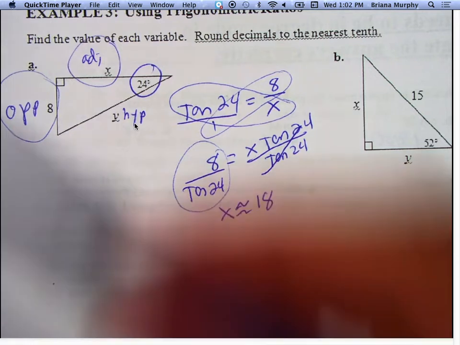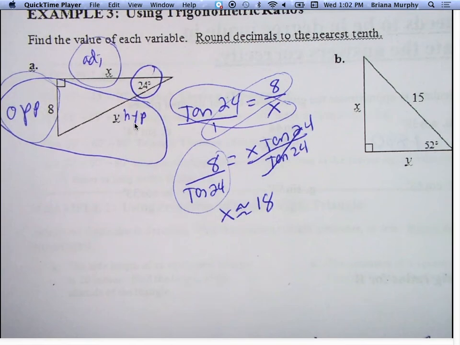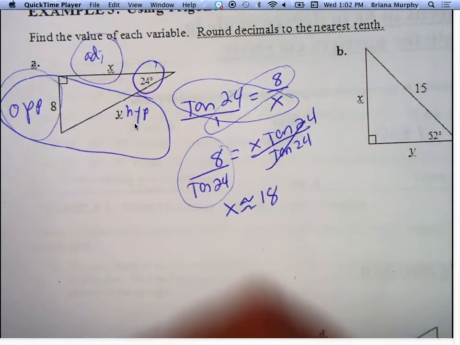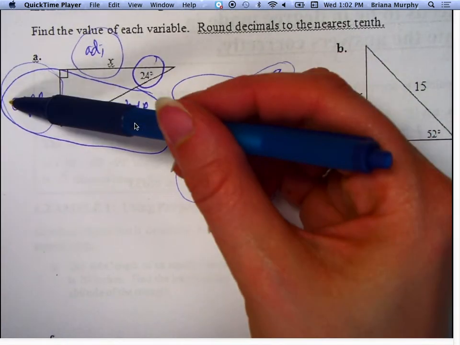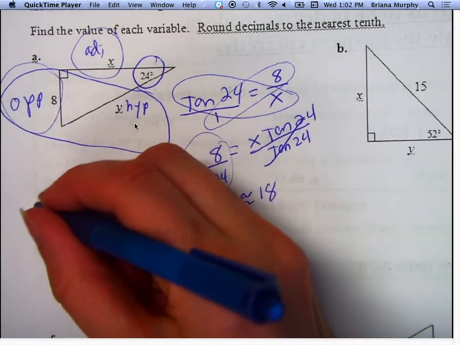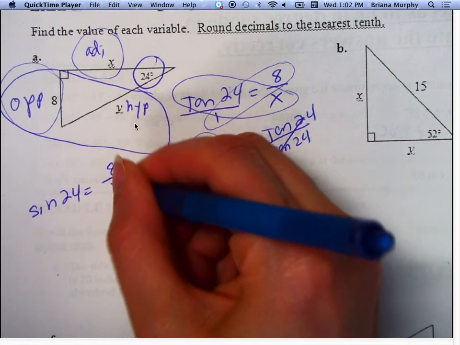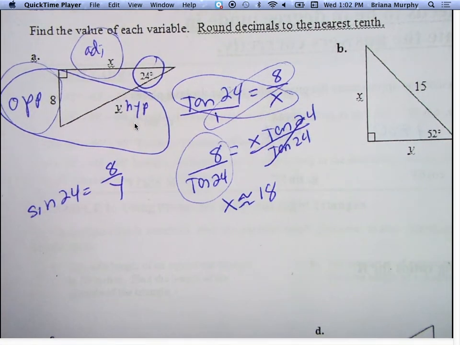Okay, next we're going to find y. So if we're looking at y and 8, because that's the other one that has a number instead of a letter, how are we going to set this up, guys? We're going to do sine because we have opposite and hypotenuse. So the sine of 24 equals opposite over hypotenuse. And then we are going to cross multiply.